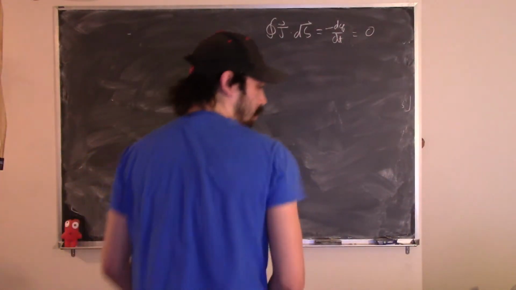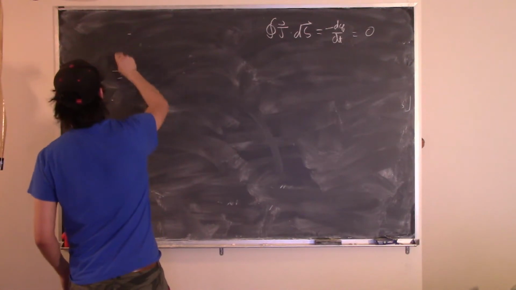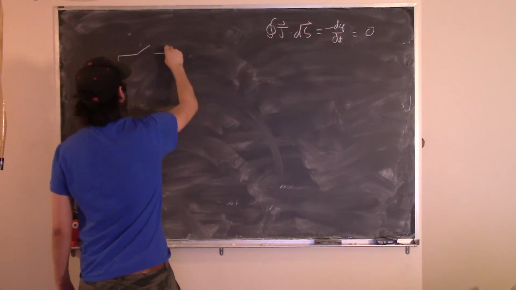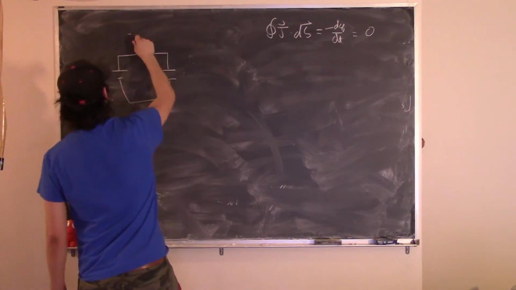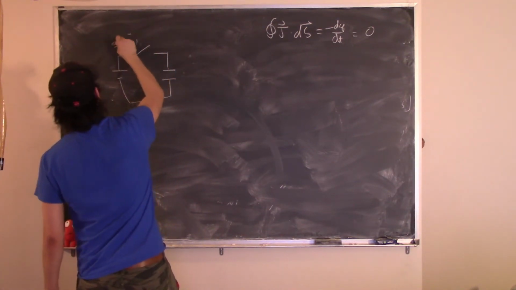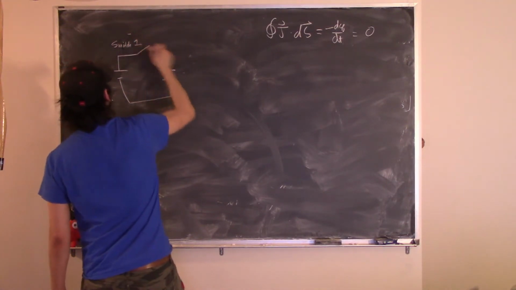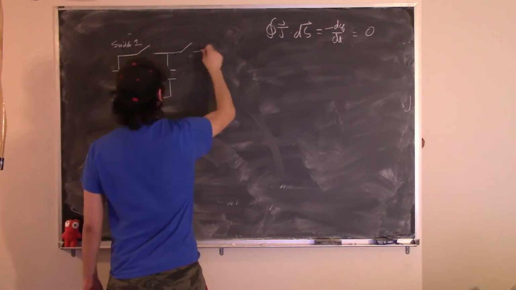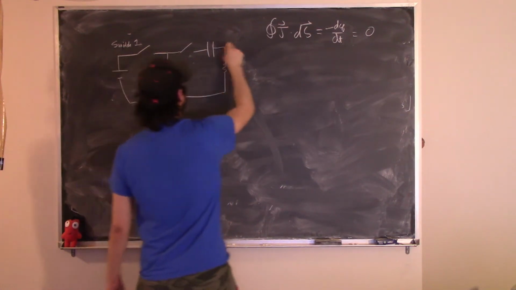Okay, so what this problem says is you have this circuit where you have some switches here. So call this switch 1. And then you had some switch 2 here where you had a second capacitor, a resistor.